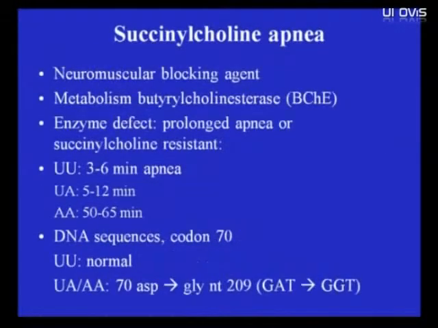The first example of this is succinylcholine apnea. Succinylcholine is a drug that is used as a neuromuscular blocking agent. This drug is used to produce relaxation of the striated muscle during general anesthesia.